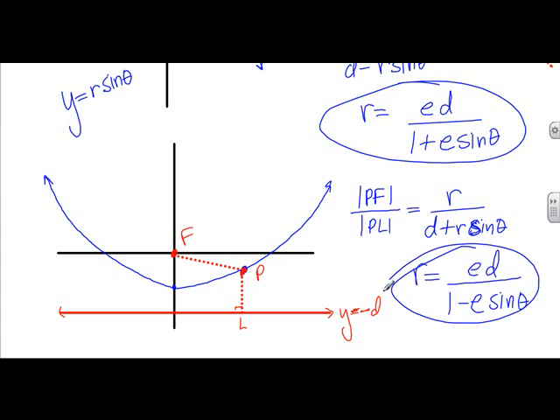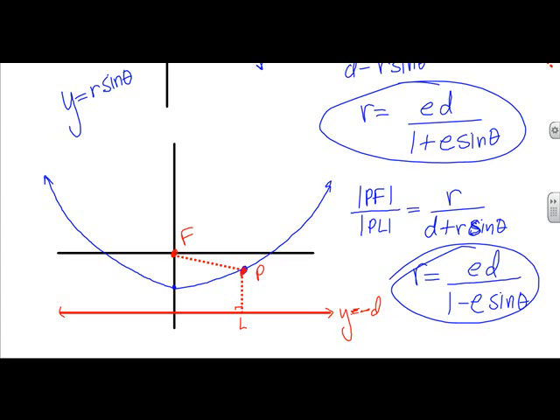Alright, where was I? Okay, we've been looking at polar equations for parabolas, and I started with parabolas because those were easy to draw and easy to explain. We can summarize all of this for all conic sections. In fact, the equations aren't going to look any different.